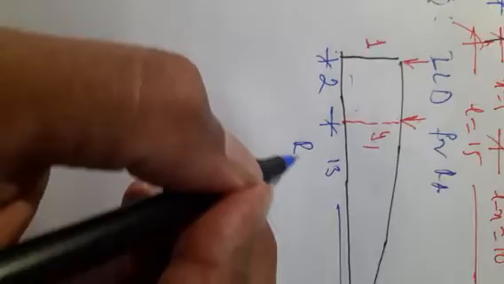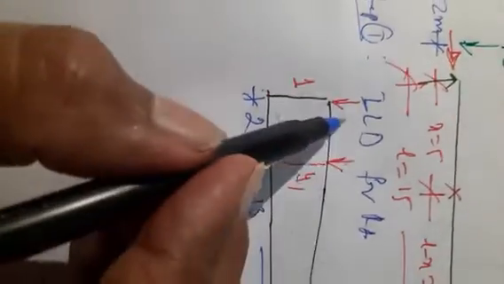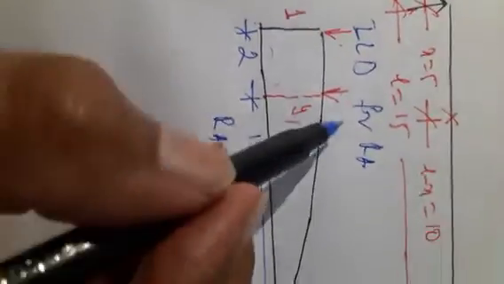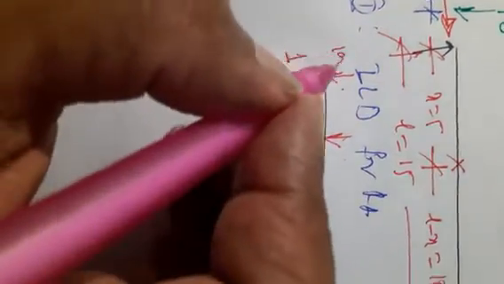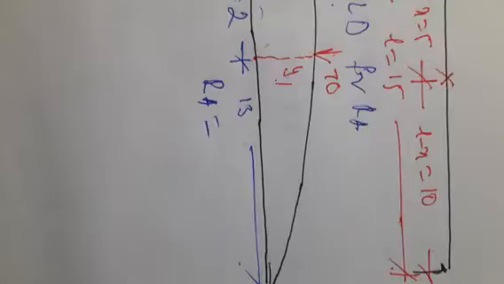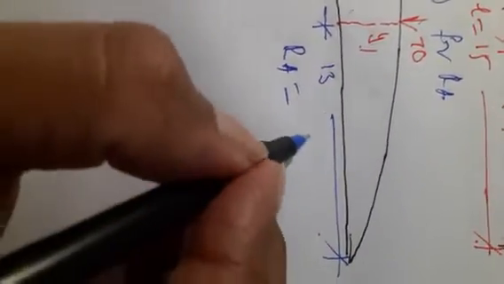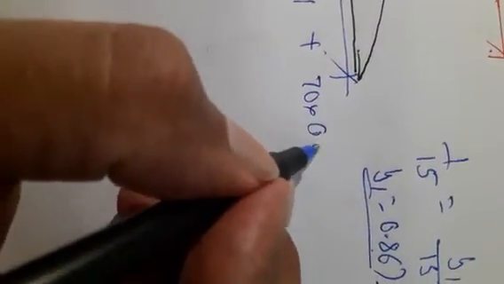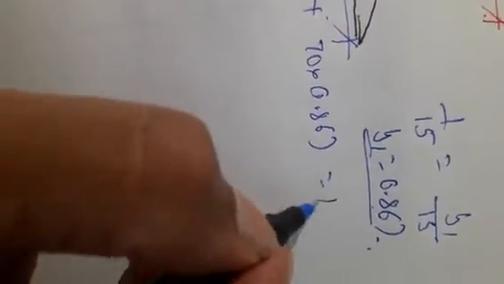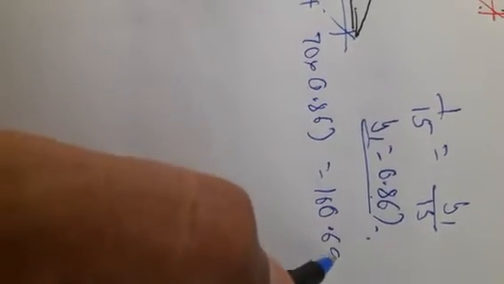Now reaction at A is equal to this load into this ordinate plus this load into this ordinate. So this load is 100, this load is 70. So I can write RA is equal to 100 into 1 plus 70 into 0.867. So you have the value 160.69 kilonewtons.